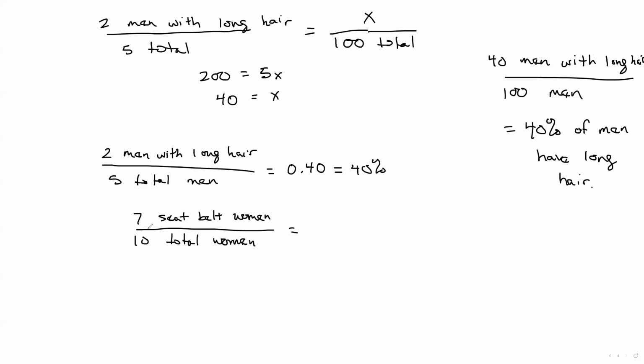You could just take 7 and divide it by 10, and you get 0.70. Then to convert from decimal to percent, you move the decimal point 2 to the right, 1, 2. So we get 70%, and we could say 70% of women in this case wear seatbelts. Okay, and that gives us a nice intro for percents.